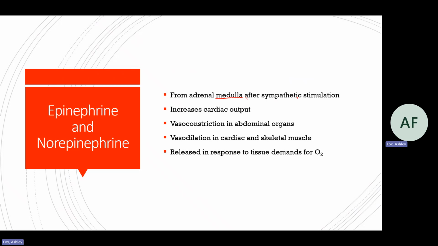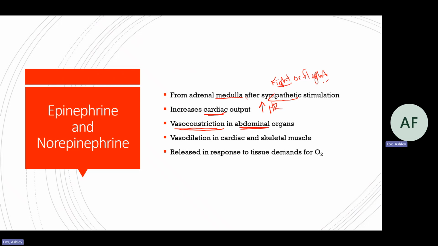Sympathetic stimulation, so the sympathetic nervous system is fight or flight. It increases cardiac output, usually increases heart rate that way. Vasoconstriction, and a lot of times this is in the abdominal organs specifically. Why?